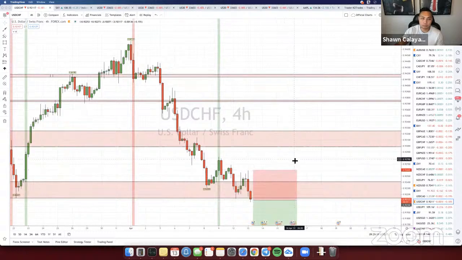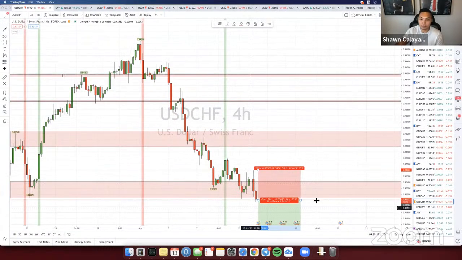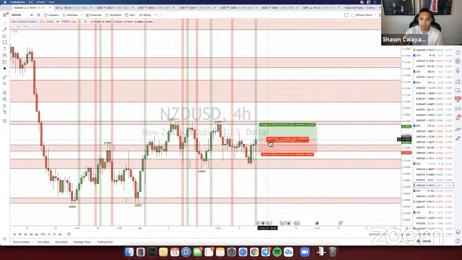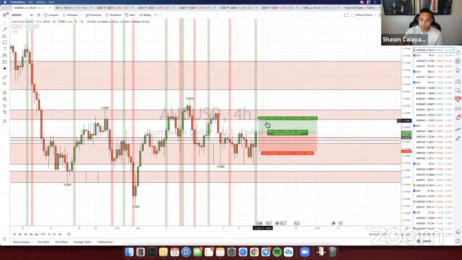So the Forex market is just not really moving, guys. We had a signal that was pending right here. It disappeared, so there's no entry there anymore. Same with NZD/USD. We were looking for a buy here. This one keeps appearing and disappearing, so we don't know if it's going to close or not. And then lastly, AUD/USD over here. So we will be looking for any possible entries here.